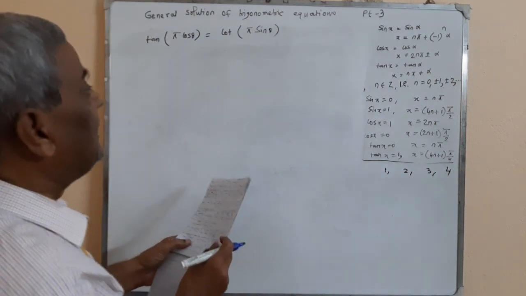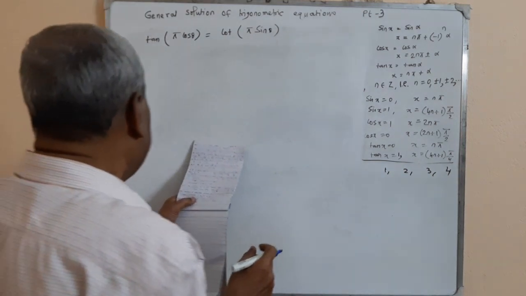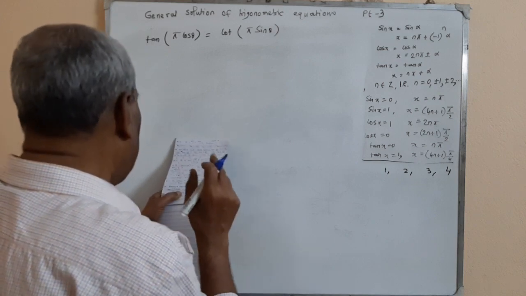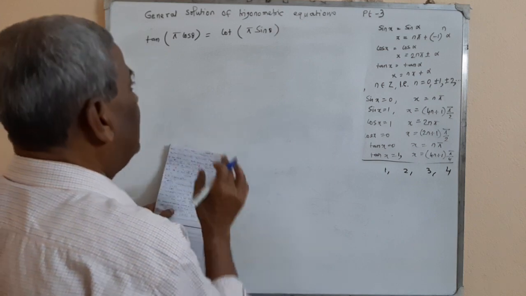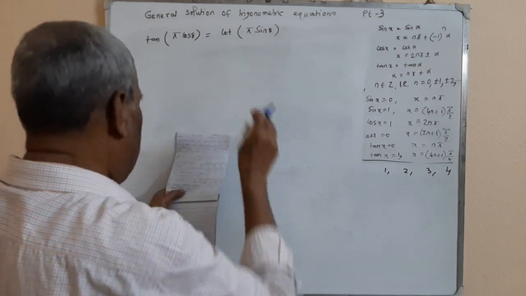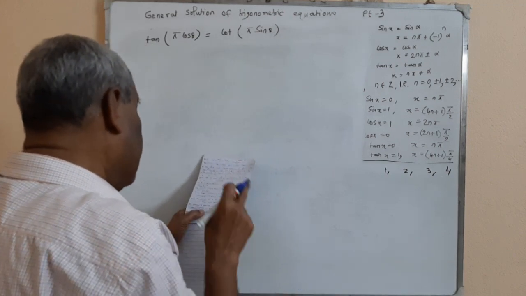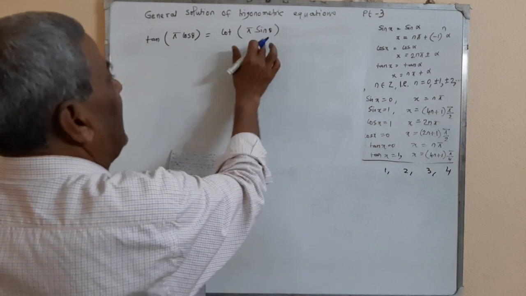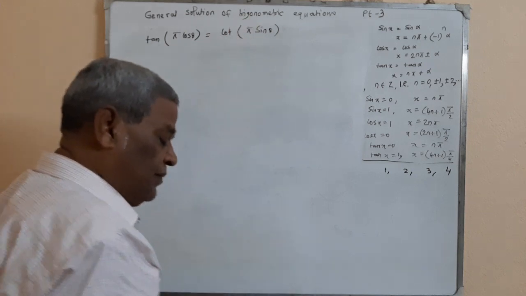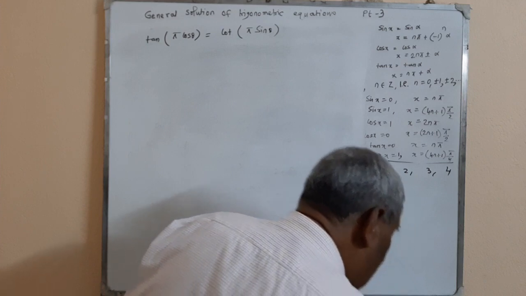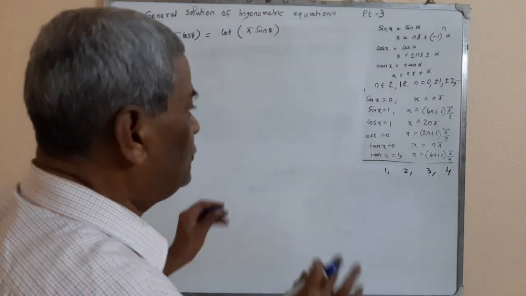Once again, I am repeating the problem. Number of possible values of n. N is not here, but the language is number of possible values of n in general solution of that. In general solution, n will be there. How many n are possible? This is the question.